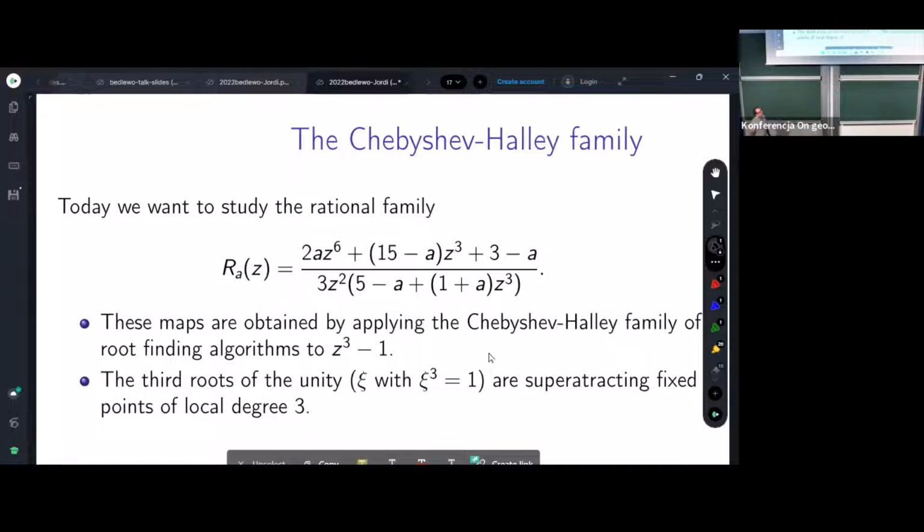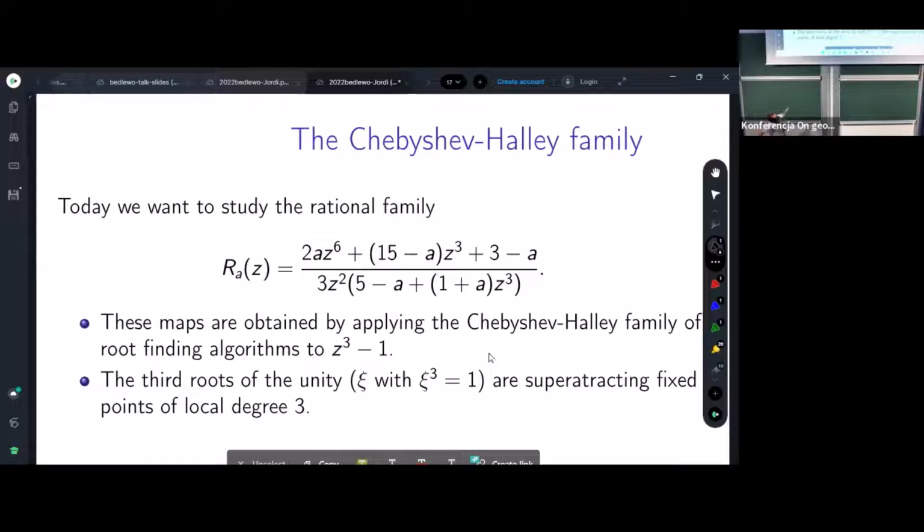Thanks. But now that I'm here, I can go back to what I was saying about Newton. If you check the family, you can see that the numerator is degree 6 and the denominator is degree 5, which means infinity is an attracting fixed point. But somehow this parameter a in front is telling you the multiplier at infinity.